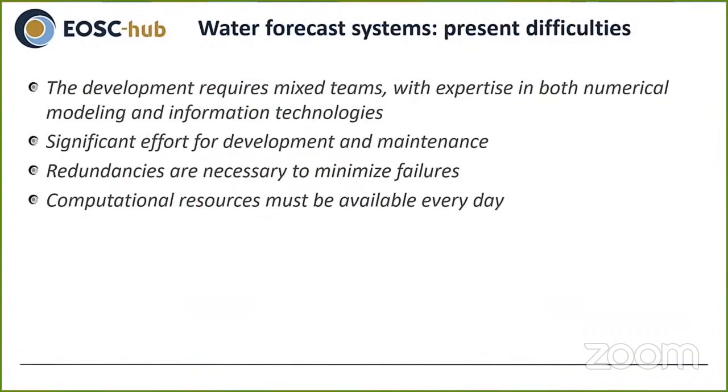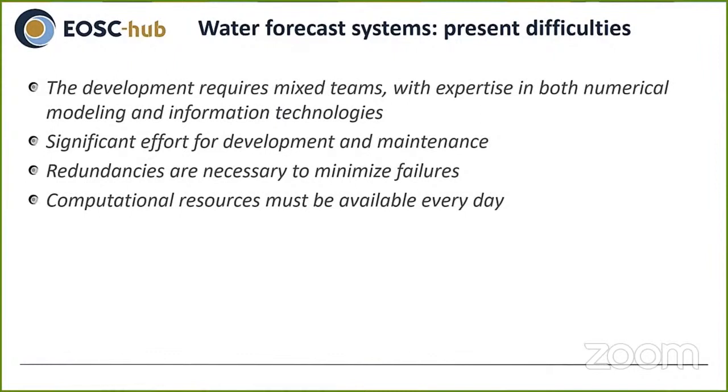In spite of their importance, forecast systems present several challenges and difficulties. These issues have been limiting their worldwide application to all coastal systems. Let me summarize the top issues. Forecast systems development requires mixed teams with experts in both numerical modeling and information technologies. They require significant effort for development and maintenance.